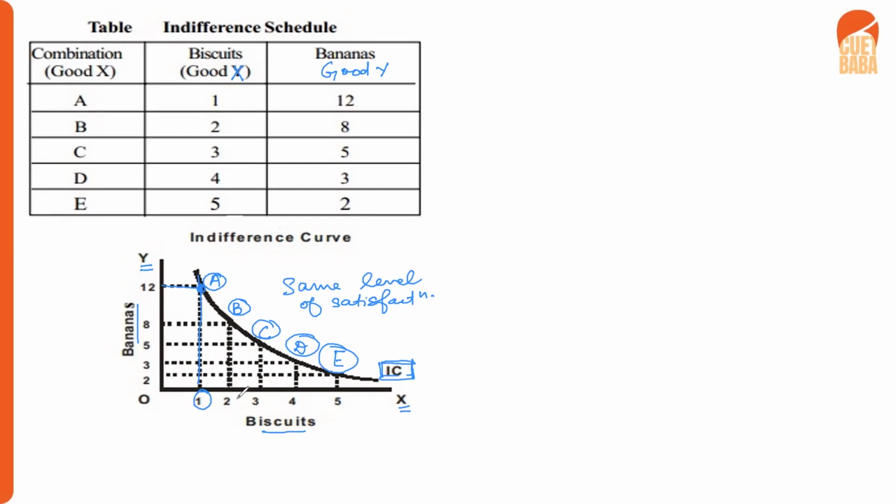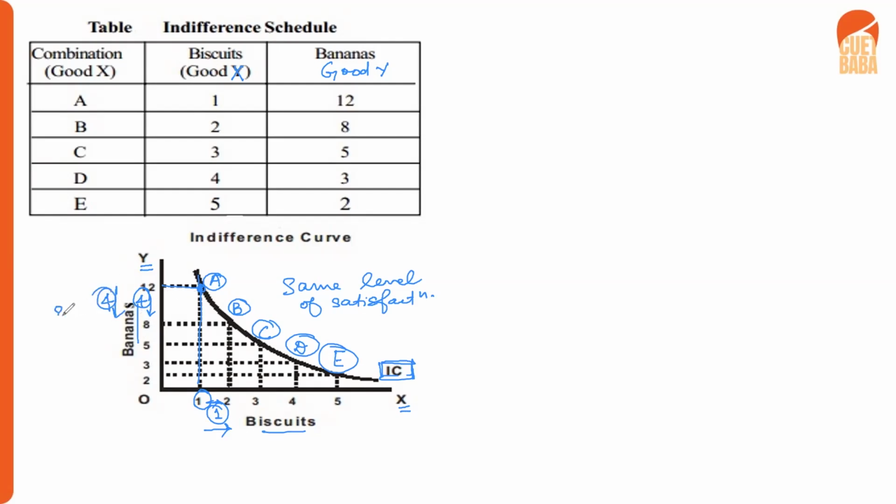In order to consume more biscuits, the consumer will reduce the consumption of bananas from 12 to 8, and the consumption of biscuits would increase from 1 to 2. So the difference is 4 for bananas and 1 for biscuits. Thus, in order to consume 1 extra unit of biscuit, the consumer is ready to sacrifice 4 units of bananas.